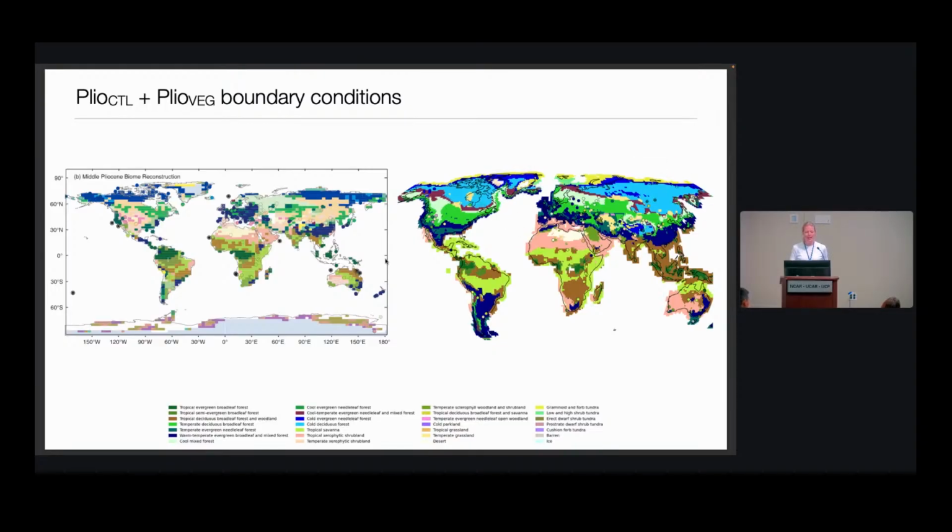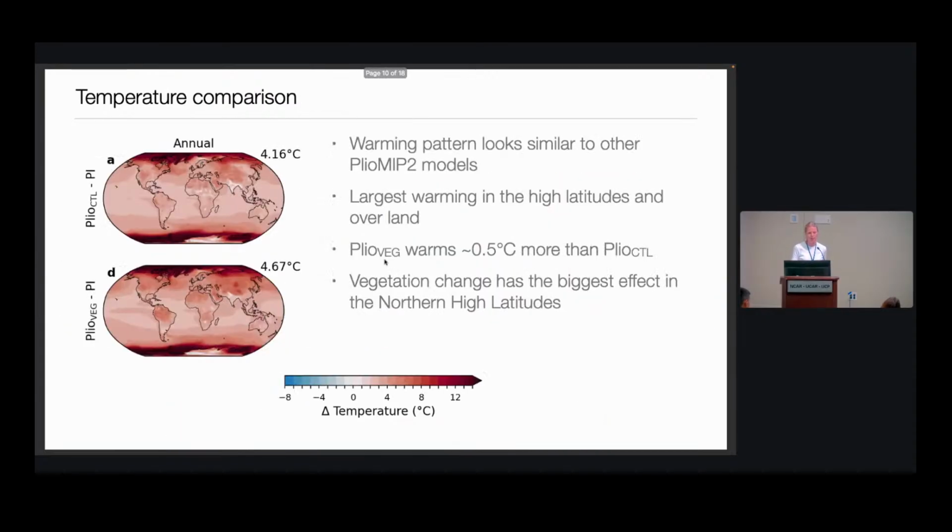And some other changes are in the mid-latitudes and also some rearrangements globally. But we're just going to look at the differences between these two maps.